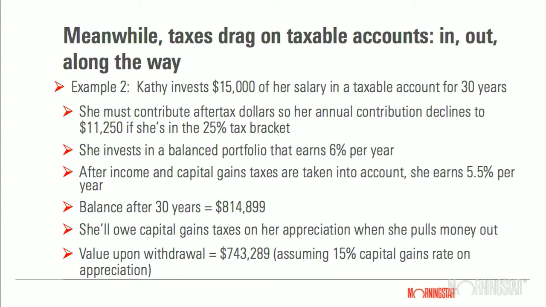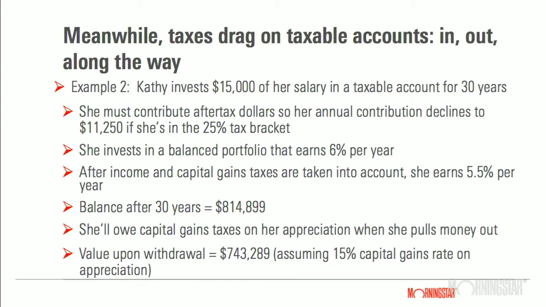So what we see is that after a 30-year period, assuming she has invested inside of a taxable account, her balance is actually even lower than what Emily was able to earn in that tax-sheltered account. So she has about $815,000. She does enjoy a little bit more favorable tax treatment here. So she is not taxed again on her contributions.